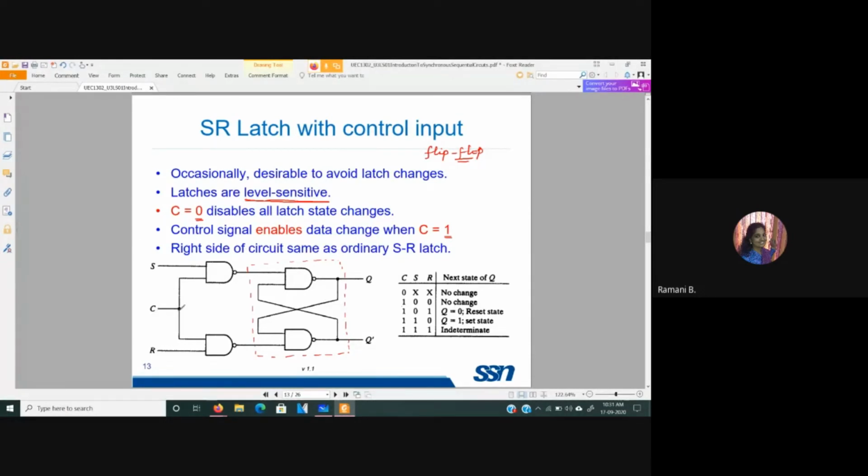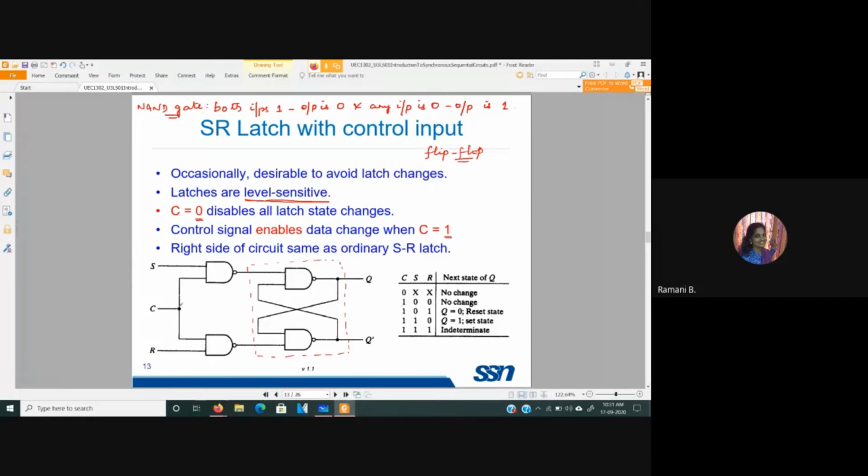You have the control input C over here, and we saw just now for NAND gate, both inputs 1 means output is 0, and any input is 0 means the output is 1. So I am writing this so that it will be easier for us to do the analysis.